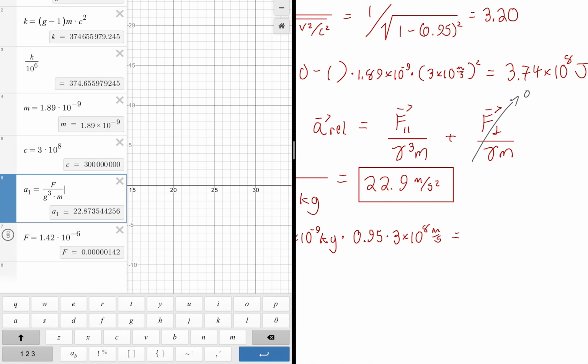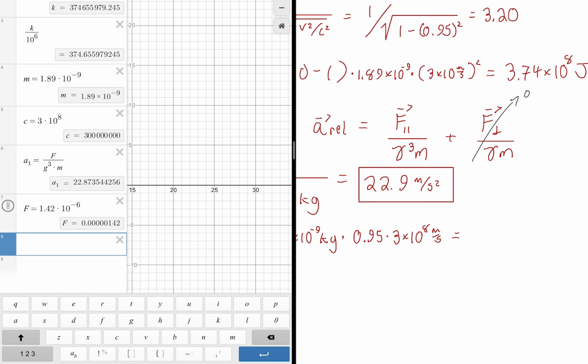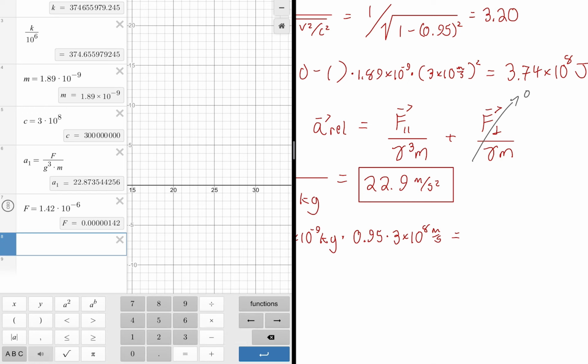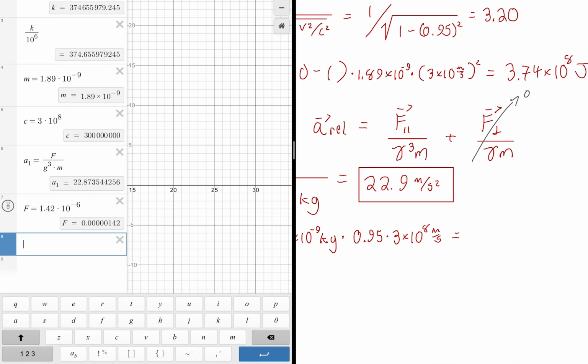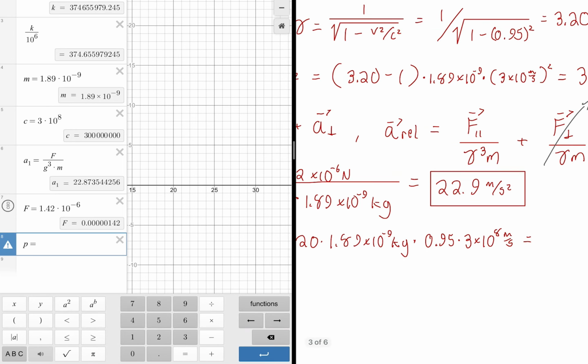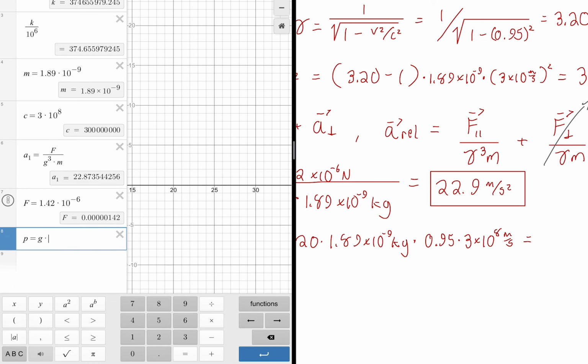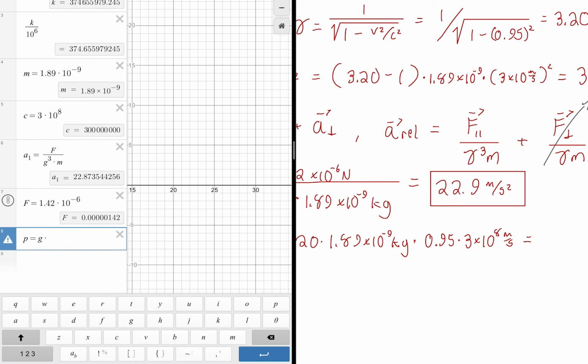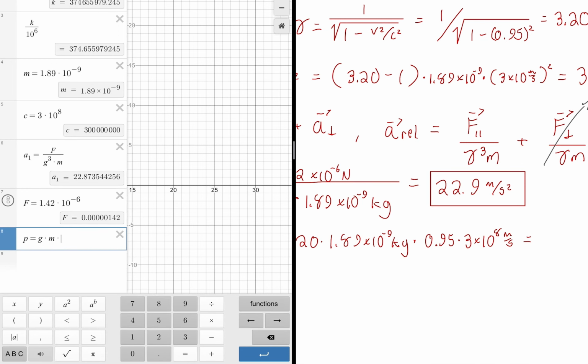All right, so let's see what we get then for our value of momentum. So that will be P, relativistic momentum, but we just call it P. Remember, it's relativistic, and it's just G times M, and then we'll just multiply that times 0.95, and then C.